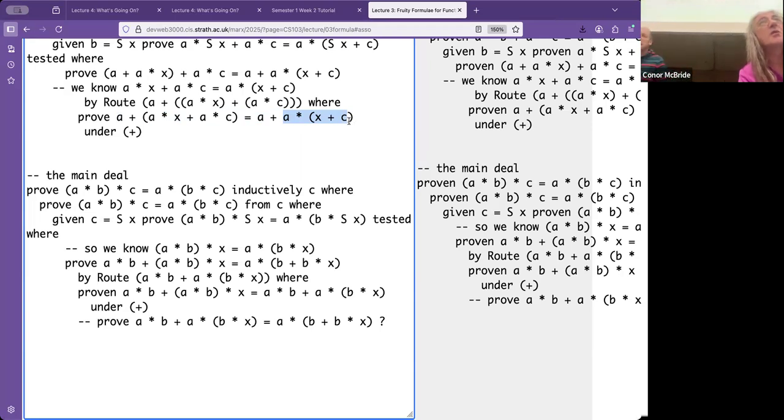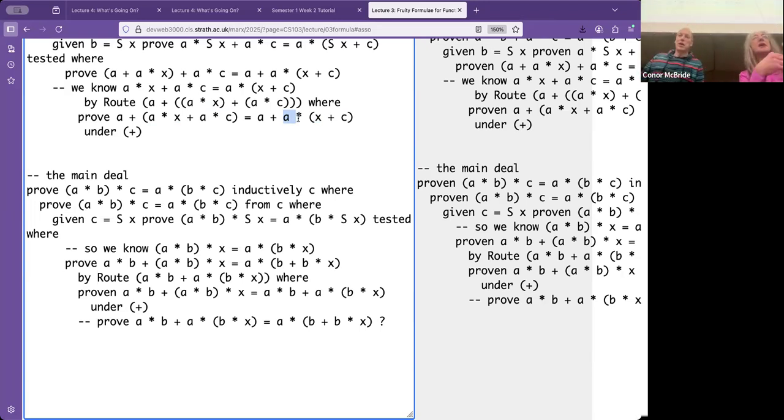The sub-goals we get are that A equals A, which is immediate, and that A times X plus A times C is equal to A times X plus C. That's given inductively.